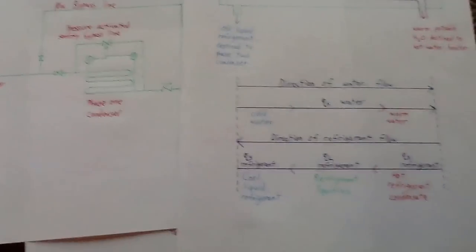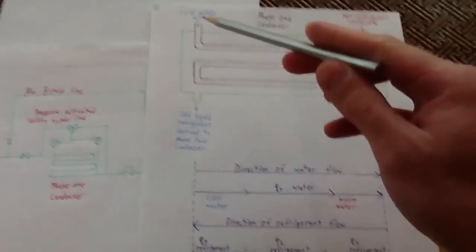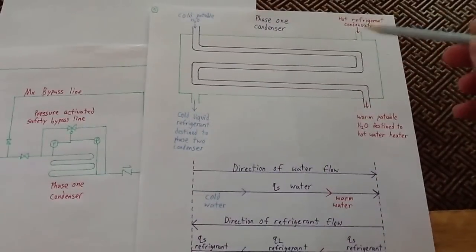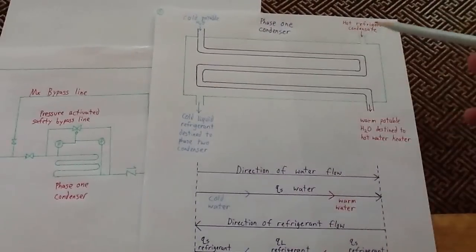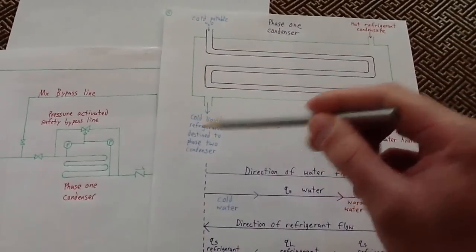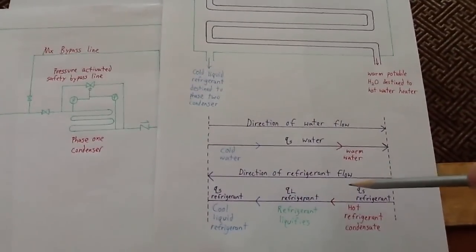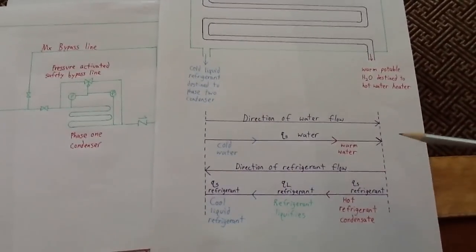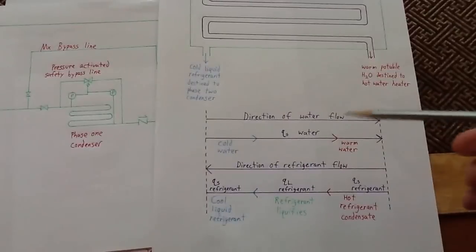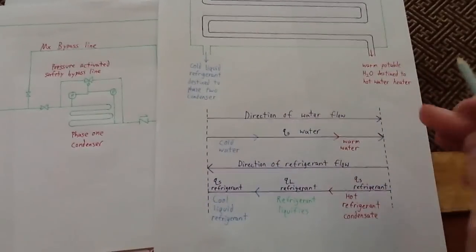Okay, let's get back to these notes real quick. Again, the direction of water flows this way, and the direction of hot refrigerant flow is this way. It goes from hot refrigerant to cold refrigerant, and from cold potable water to hot potable water. Like I said, I've explained this in fairly good detail.